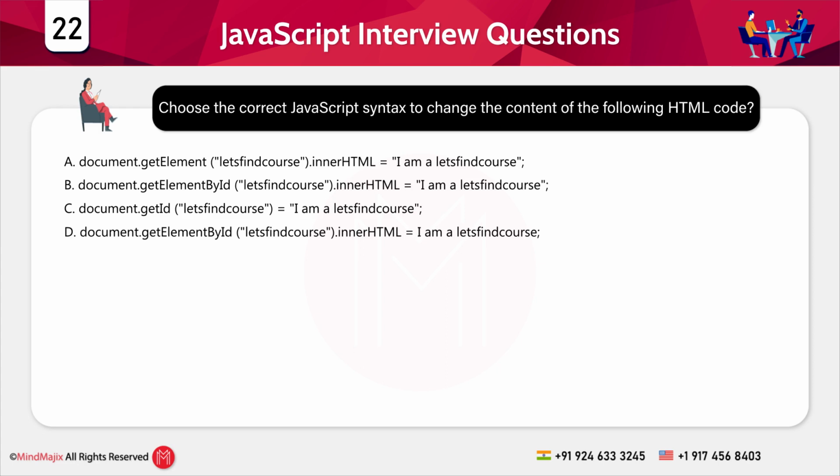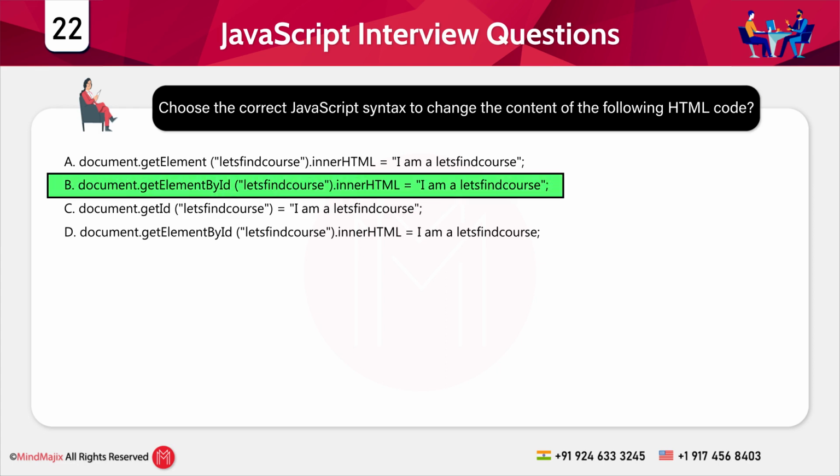Third option, document.getID let's find course equal to I am let's find course. Next option, document.getElementById let's find course dot innerHTML equal to I am let's find course. Which is the correct one?